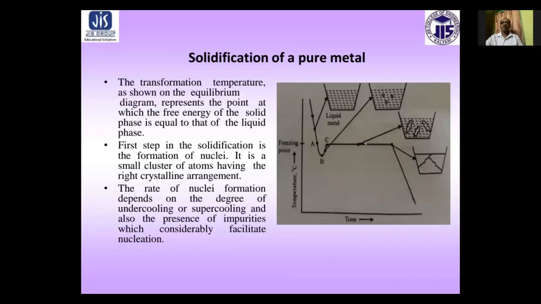So first of all, let's start with the solidification of pure metal. Solidification occurs by the nucleation and growth of crystals in the melt. Whenever a metal is extracted from its ore, it is in the liquid form, and slowly it will come to room temperature.